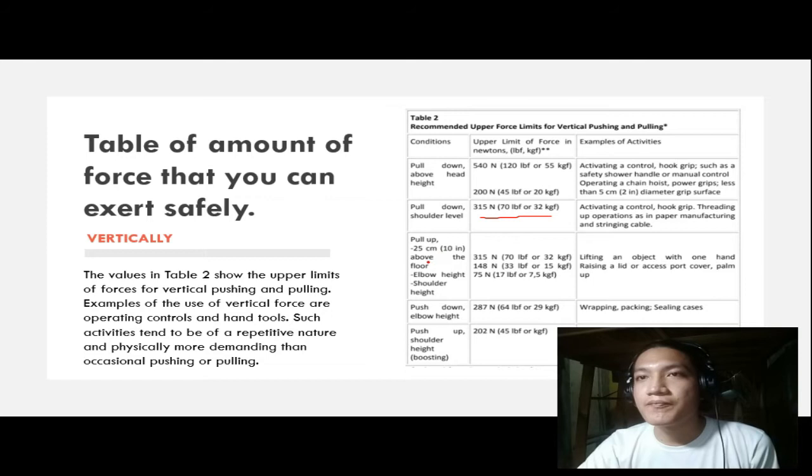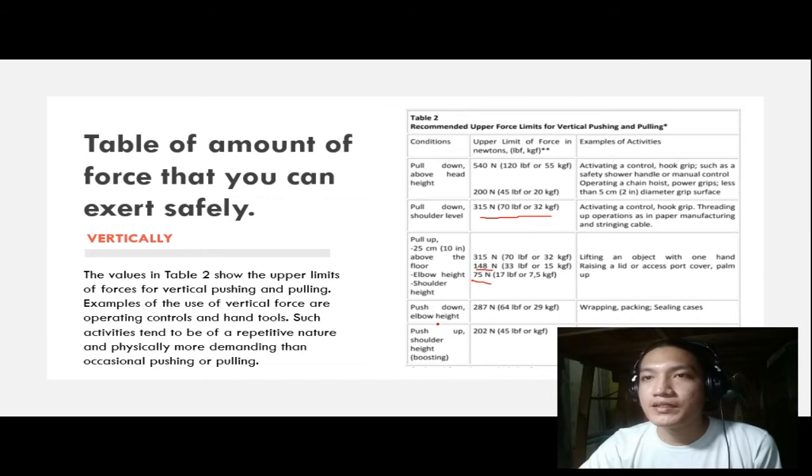Pull up naman, 25 cm, 10 inches above the floor, elbow height, shoulder height. So lifting an object with one hand, raising a lead access port, palm up. Kailangan hindi tayo lumampas ng 315 kapag above the floor, 148 elbow height, shoulder height 75 newtons.